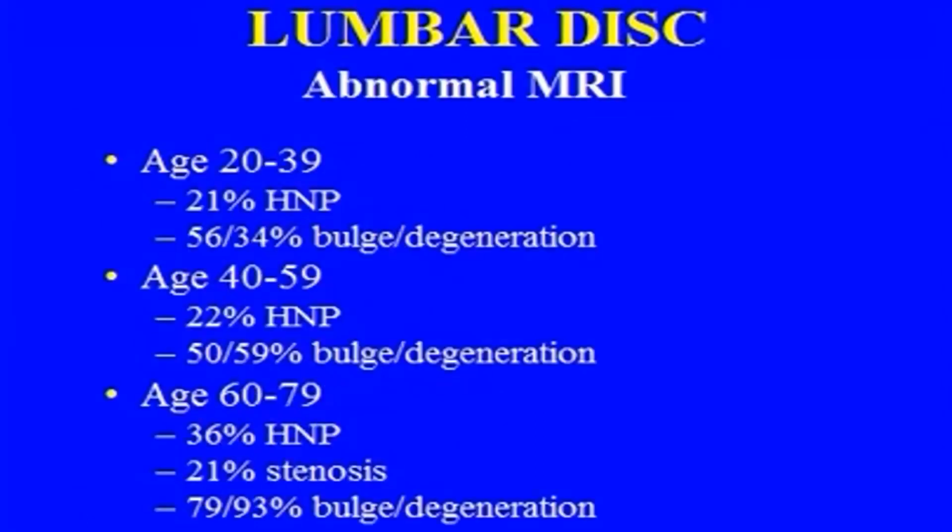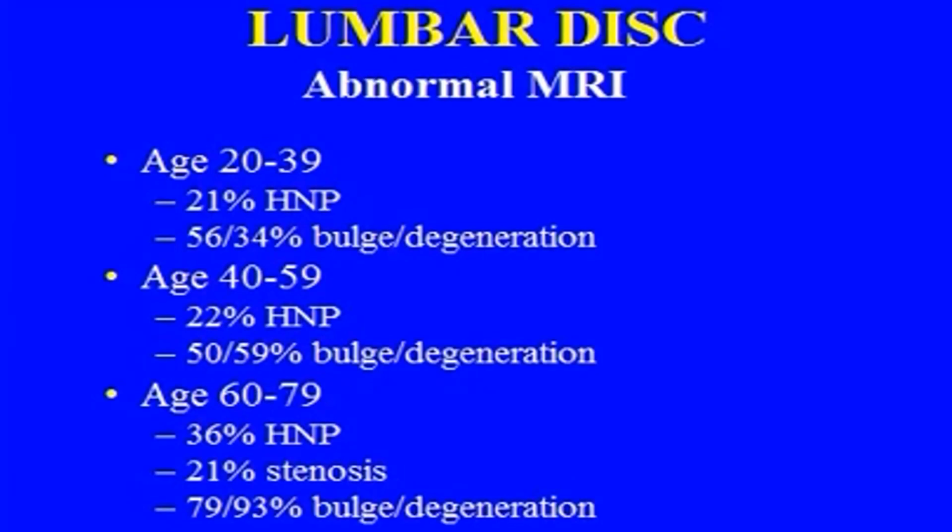We come to this point repeatedly. So far, twice I discussed this. Now this is the third time. From age 20 to 39, 21% have a herniated nucleus pulposus, and bulge and degeneration.